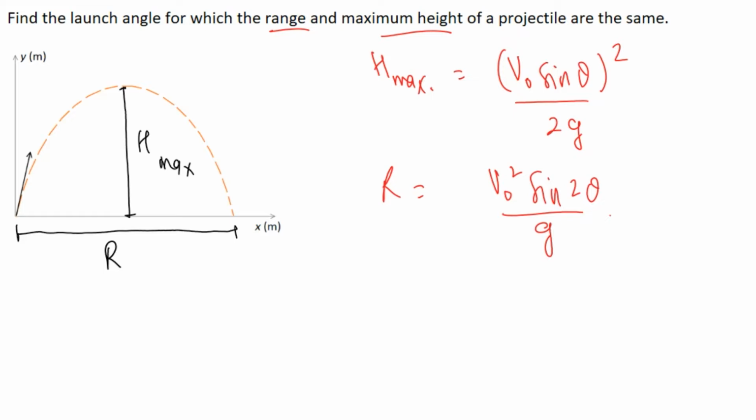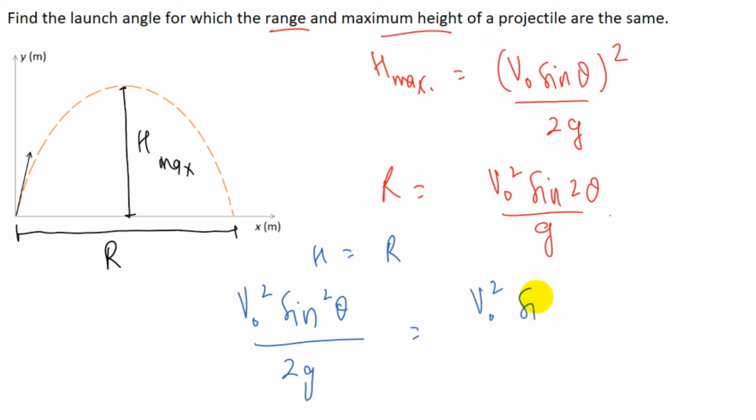Okay, so we have v0 square sine square theta divided by 2g. This is h equals r. So r, we have v0 square sine 2 theta divided by g. Now from here, v0 square cancels, g and g will cancel.